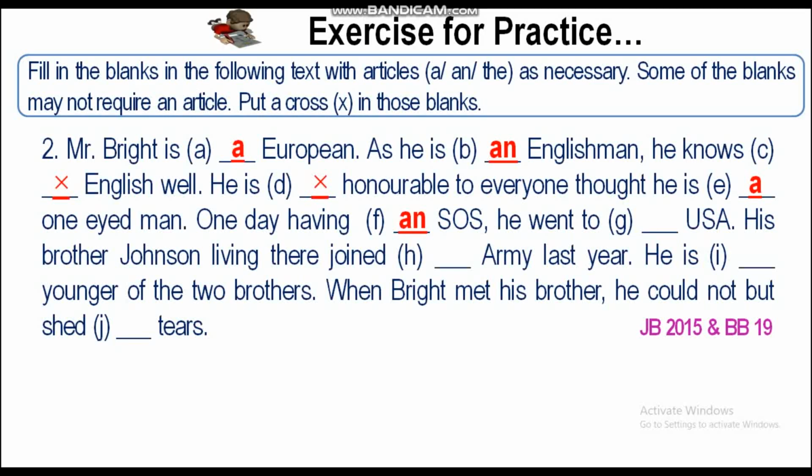He went to dash USA. Here, U means United, and we learned that with countries with United, Union or Republic, article the is used. So here, the will be used before USA.